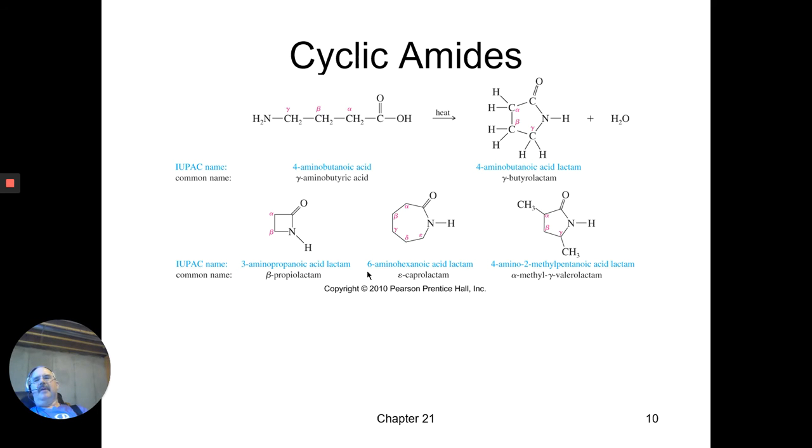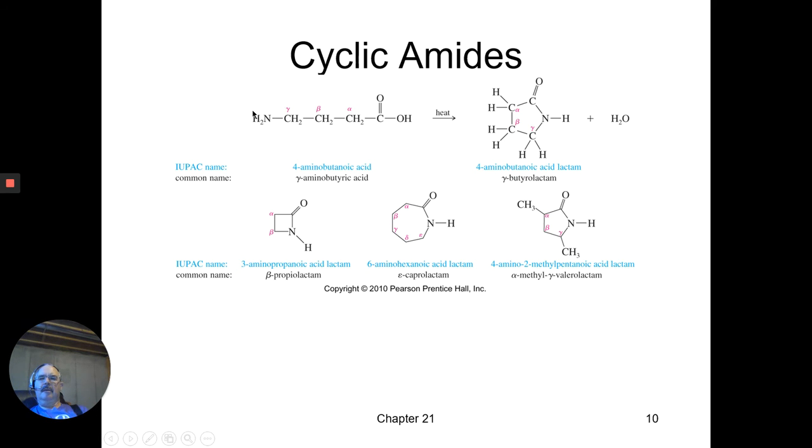Earlier we said that cyclic esters are called lactones. Well, cyclic amides are called lactams. And here we have 4-aminobutanoic acid, also called gamma-aminobutyric acid. This is a neurotransmitter.